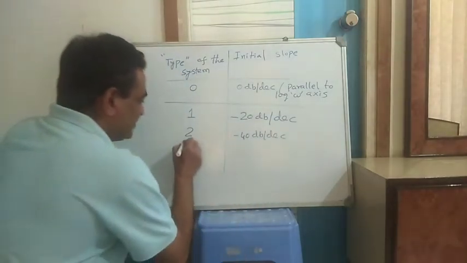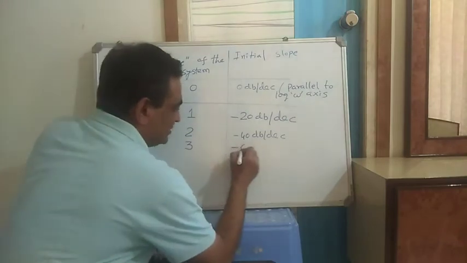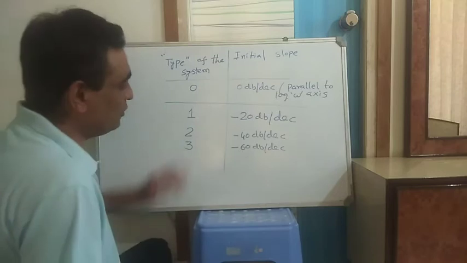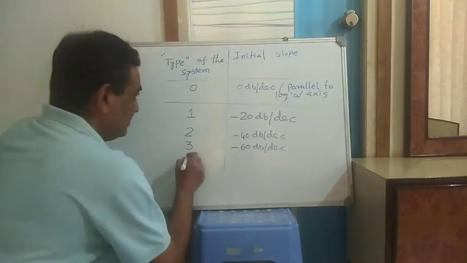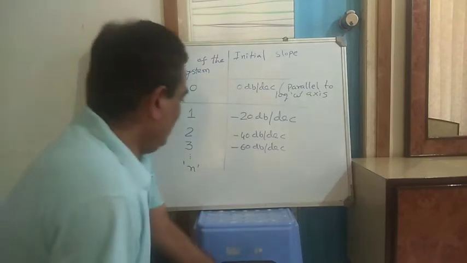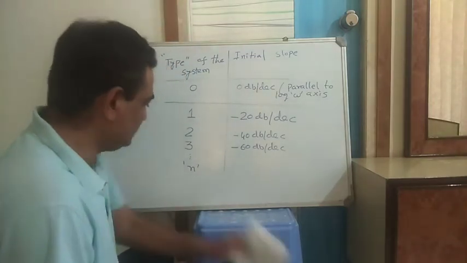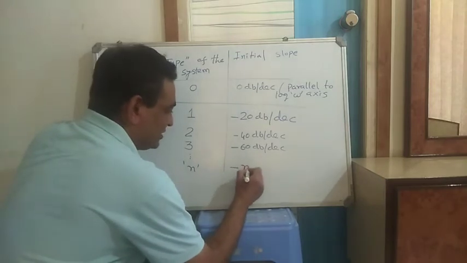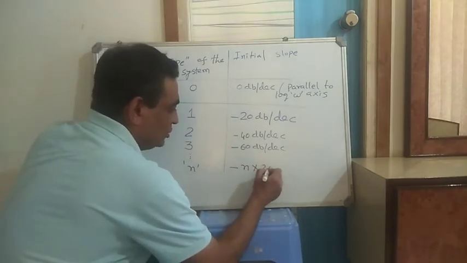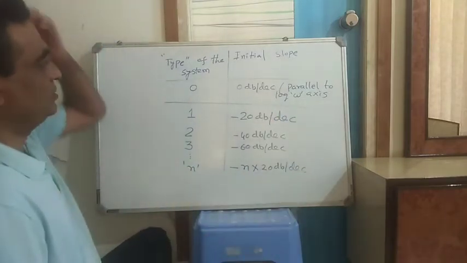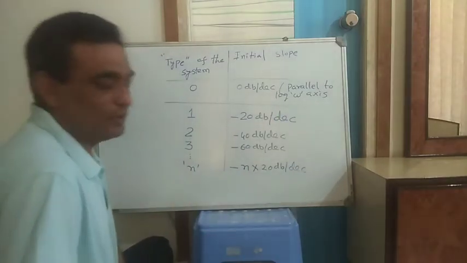If it is a type 3 system, then minus 60 dB per decade. So now you can generalize this. If it is an nth type system, then the initial slope line is minus n into 20 dB per decade. So this is about the initial slope line.